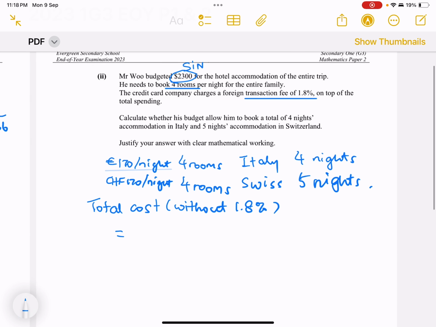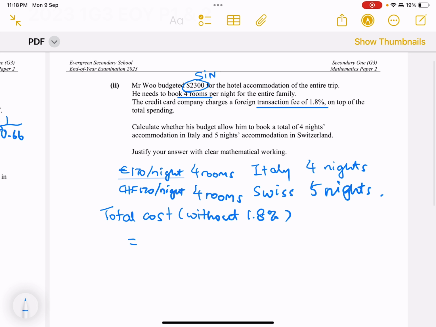Next, they have a budget of 2,300 for the whole trip, and he needs to book 4 rooms per night. Calculate whether he can stay 4 nights in Italy and 5 nights in Switzerland.